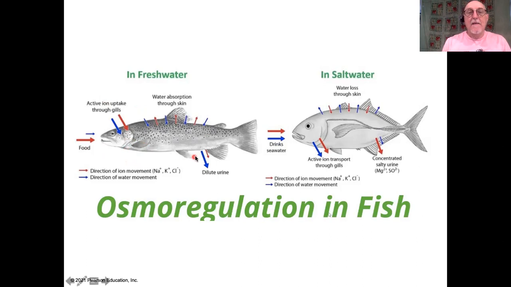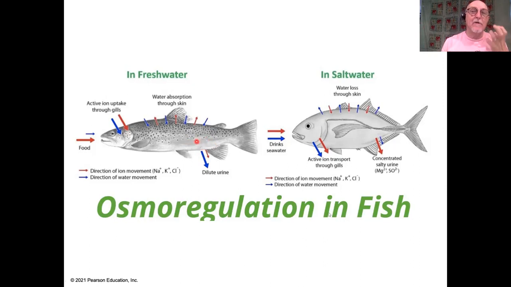The third thing is their kidneys are extremely good at recovering ions. The grave danger for freshwater fish is that they will void so much water that they will dilute and wash out all of the ions in their body fluids. So the kidneys are extremely good at recovering ions and ensuring that they can maintain a high ion content.